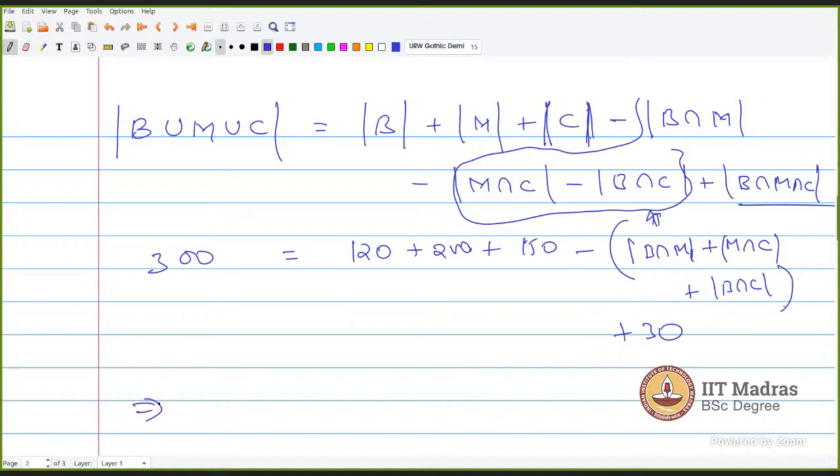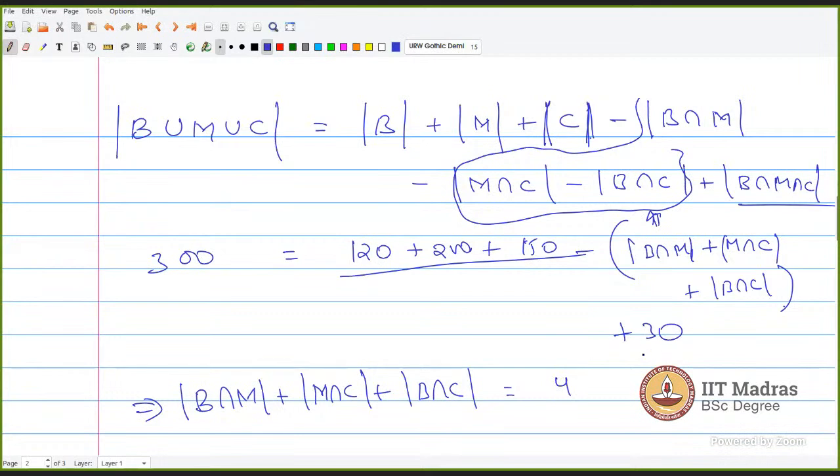From this we get the cardinality of B intersection M plus M intersection C plus B intersection C is equal to 470 plus 30, which is 500, minus 300, so you will get 200.